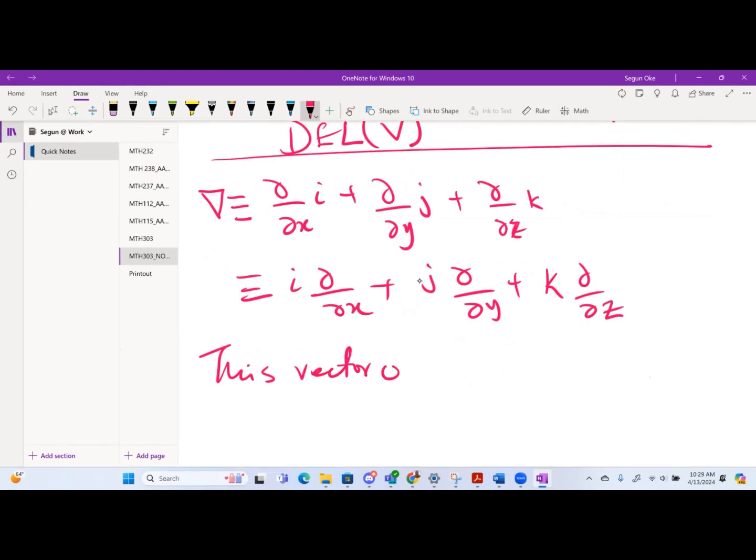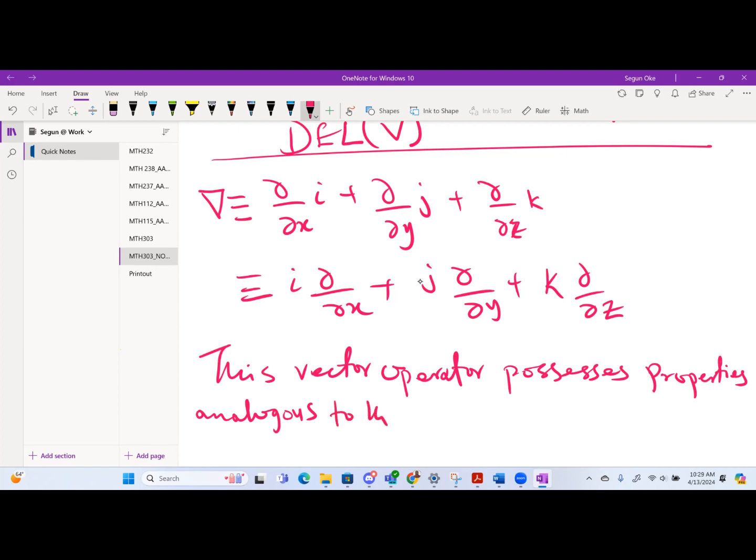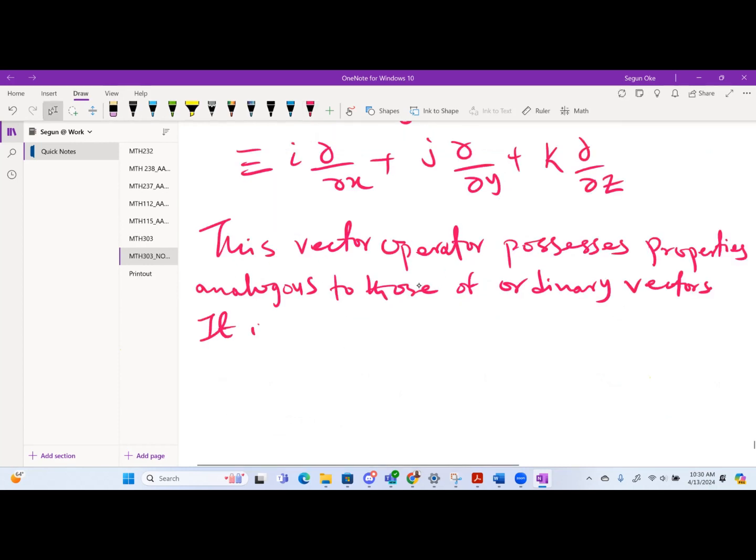This vector operator possesses properties analogous to those of ordinary vectors. It is useful in defining.